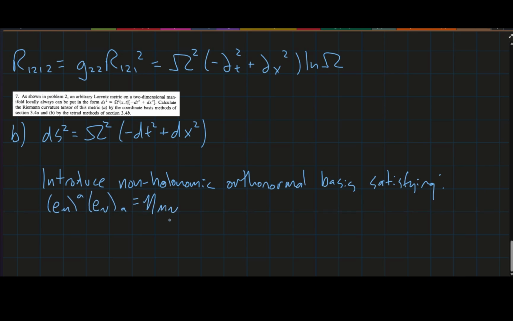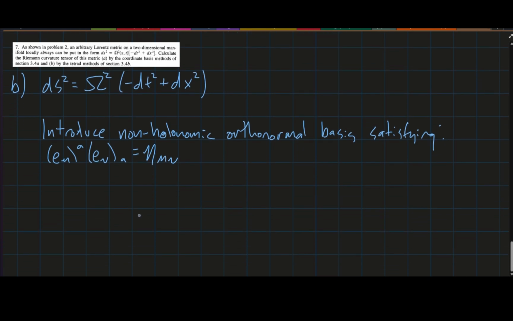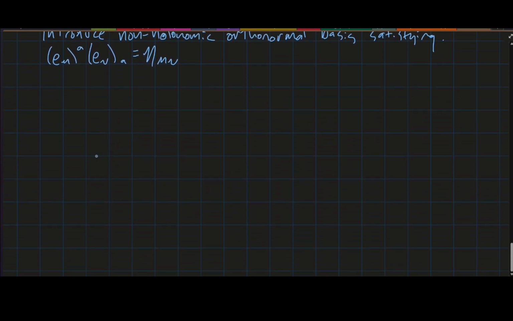So the most obvious way of approaching this, I guess, is to set these e's up this way. So say e mu a is going to be some constant alpha times the muth coordinate, and we take the ath component of this.